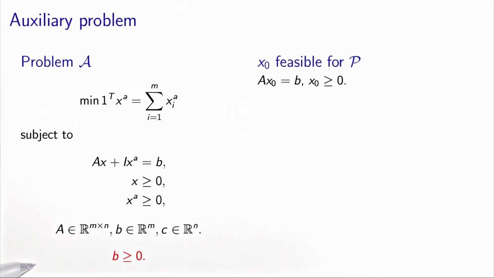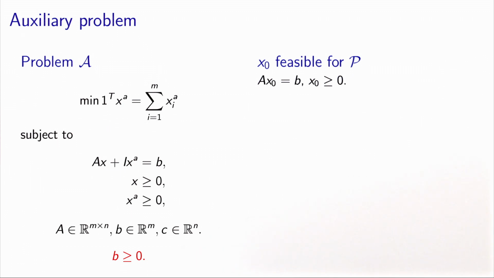So this is my auxiliary problem that I call problem A. This minimizes the sum of the auxiliary variables, subject to Ax + I xa = b. I put explicitly I here to show that it is the identity matrix. x and xa are non-negative, and the vector b is non-negative as well.